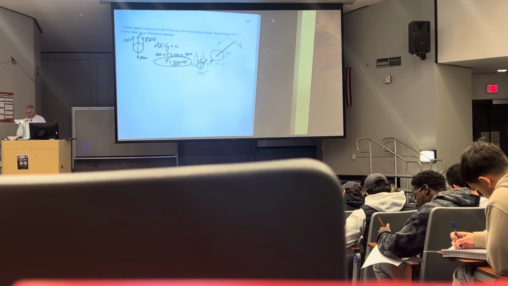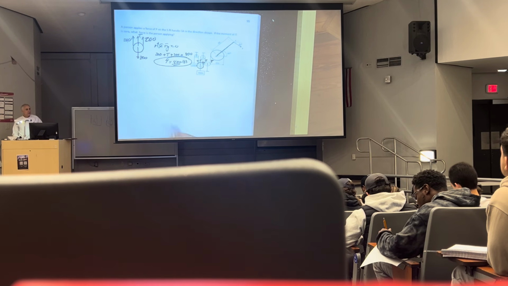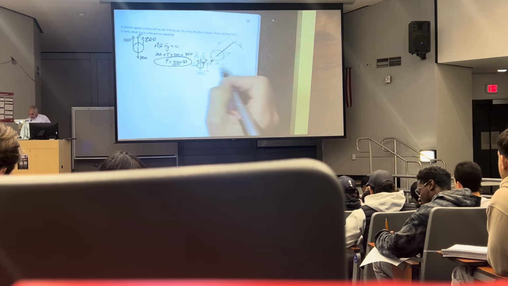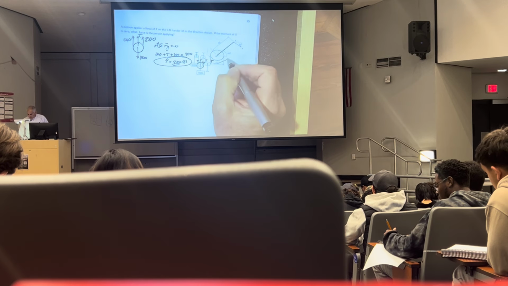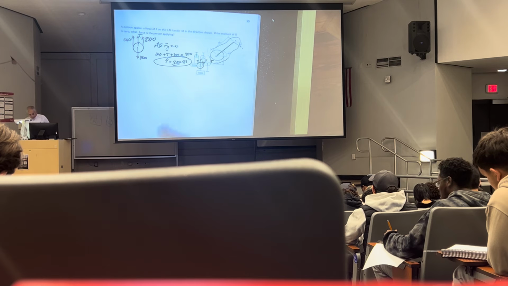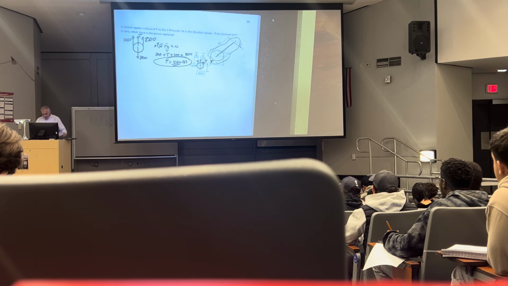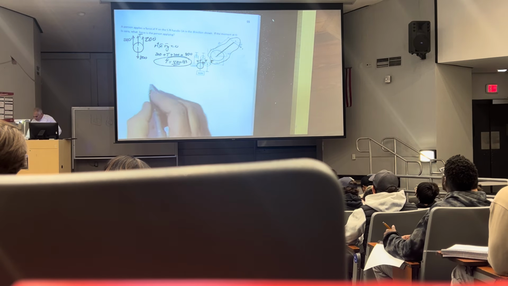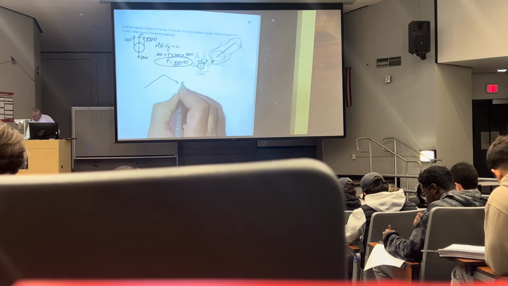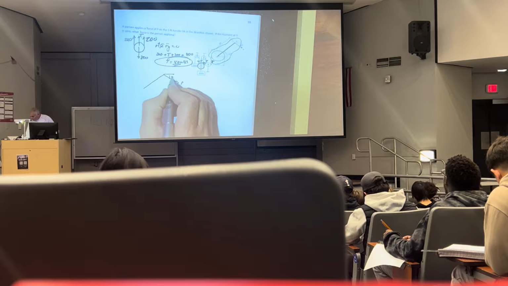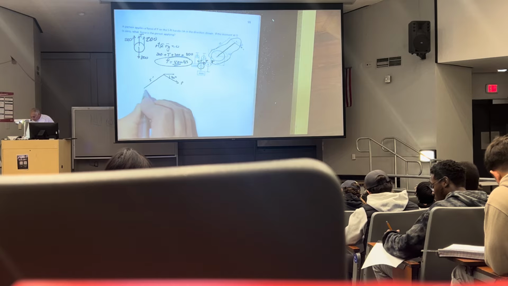So as far as I'm concerned, you can get rid of this stuff and just look at this here. So now I'm going to isolate this by itself. My free body diagram here is going to look like this. I have a force P, angle 30 degrees. This is 5 feet.